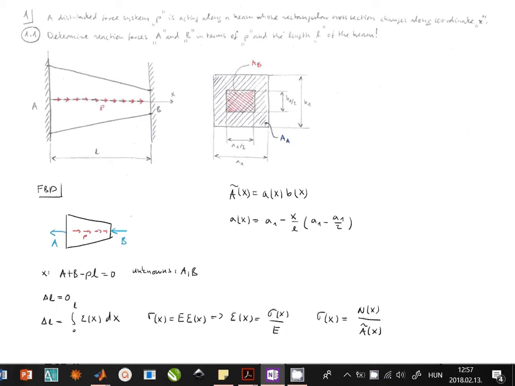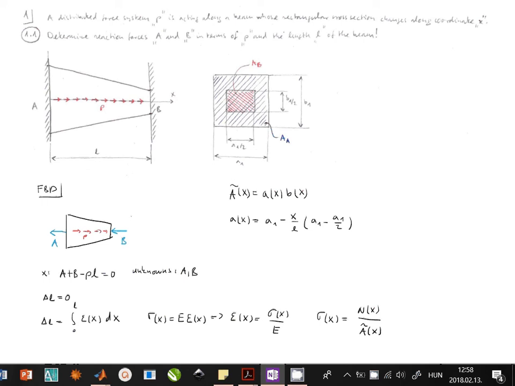So let's see if this function, which I wrote, describes a linearly decreasing function which has the value of a1 at x equals 0 and the value of a1 over 2 at x equals L, because as we see on the figure, a1 over 2 is the width of the cross-section at B. Okay, so let's substitute x equals 0.